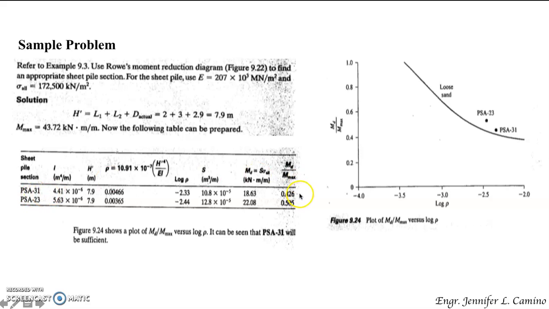So for this one, the smaller in value, we're going to choose that one, which means that the value here is sufficient enough. So we're going to use PSA 31 for this particular example. So the section is PSA 31.